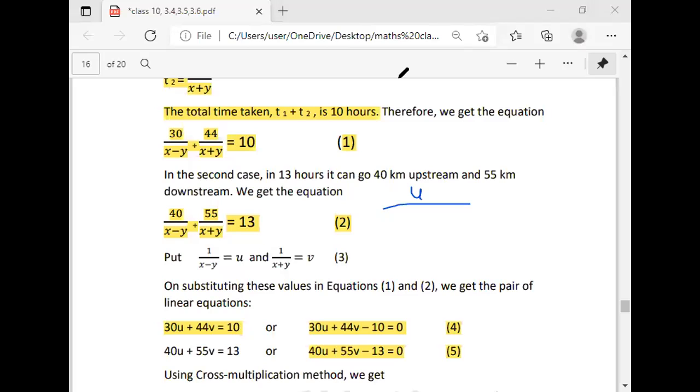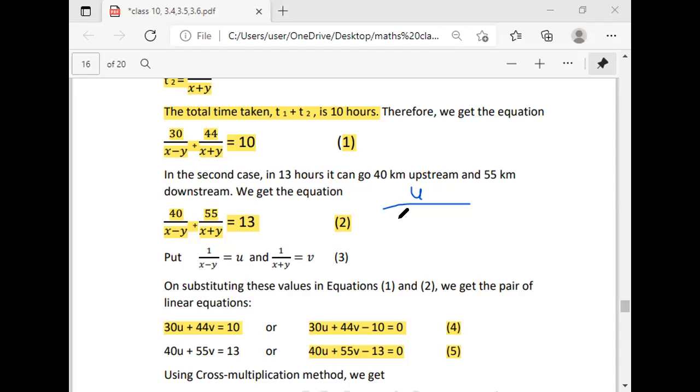Danish Ruswan, can you say what is the denominator? Shivani, can you say what is the denominator of u if we are using cross multiplication?